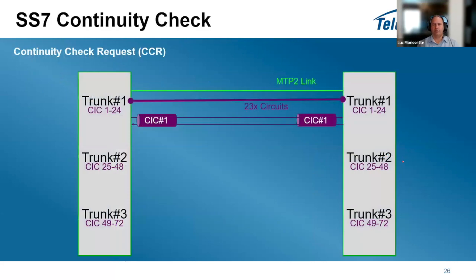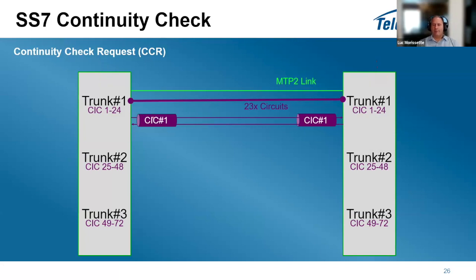Let me show you how that works for a continuity check. You have your system on this side, and this is the remote system. You have T1s connected, here 23 circuits end-to-end connected to this. One of the circuits is an MTP2 link that you can send information end-to-end. Okay.